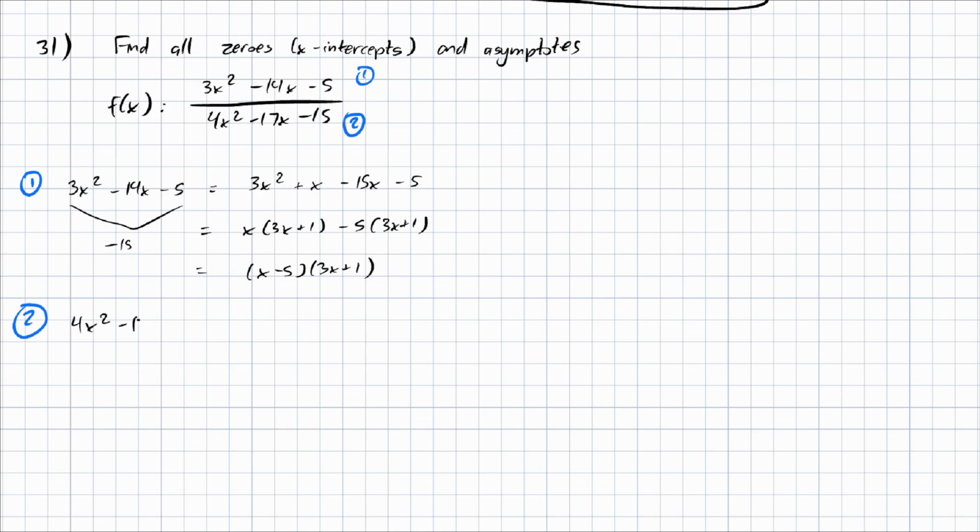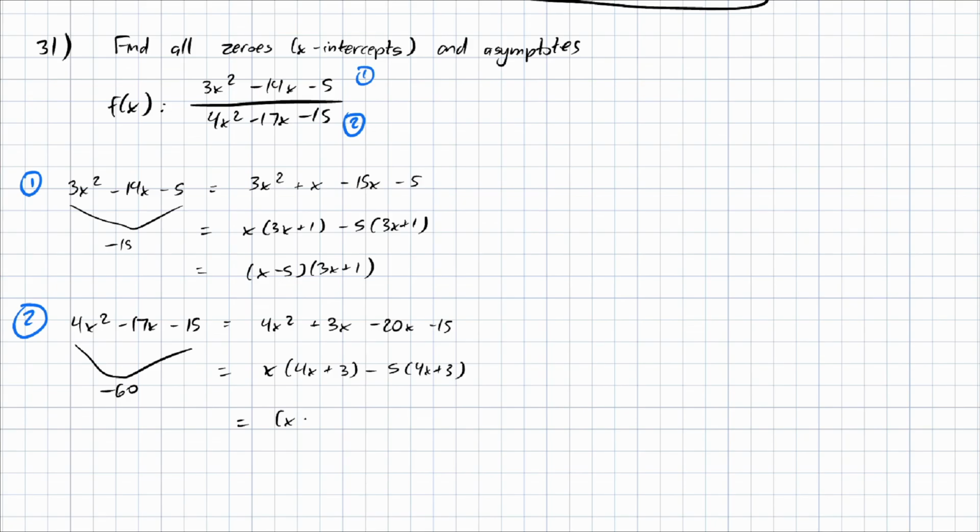Number 2, the second one. 4x squared minus 17x minus 15. Two numbers that multiply to negative 60, thinking 12 and 5, 20 and 3. There you go. 4x squared plus 3x minus 20x minus 15. So we have x times 4x plus 3 minus 5 times 4x plus 3.